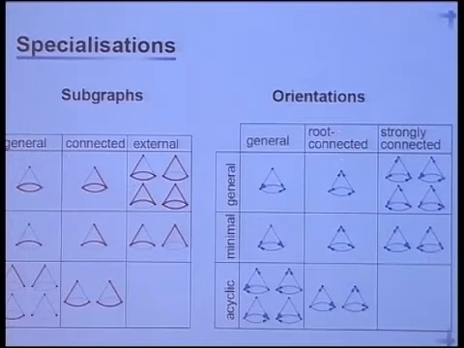Here you obtain root connected orientations, and here strongly connected orientations. For forests I will obtain minimal, and for internal I will obtain acyclic. The root connected acyclic activities are this evaluation of the Tutte polynomial, and they are the ones that we are interested in for this Penrose identity.